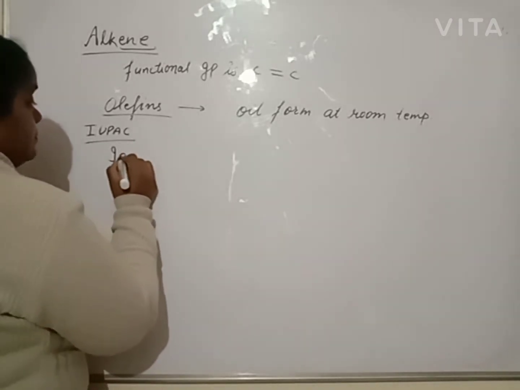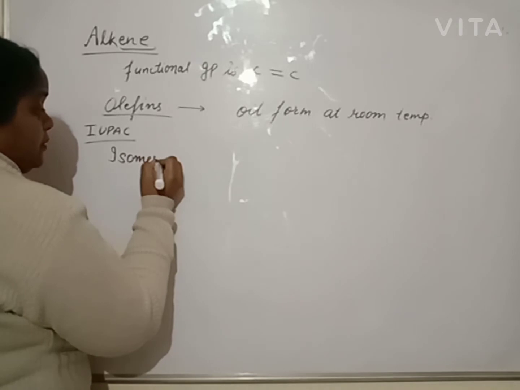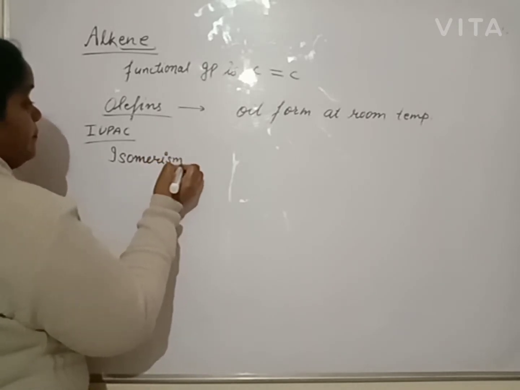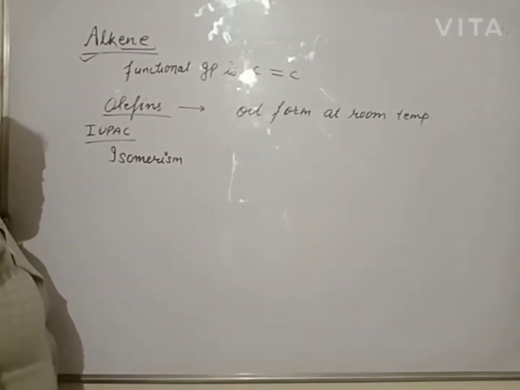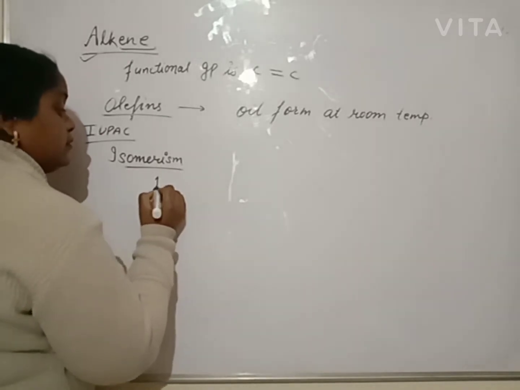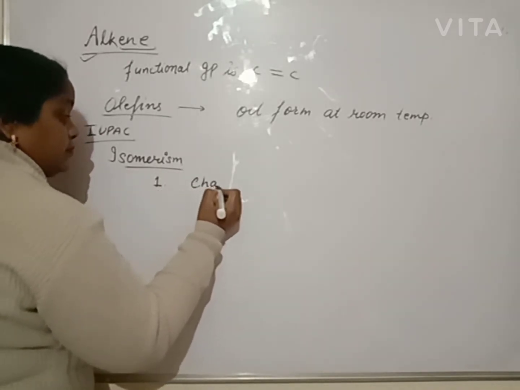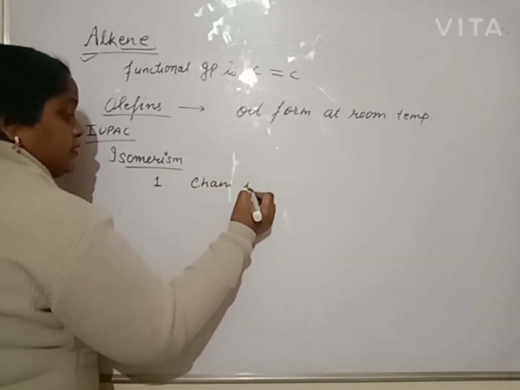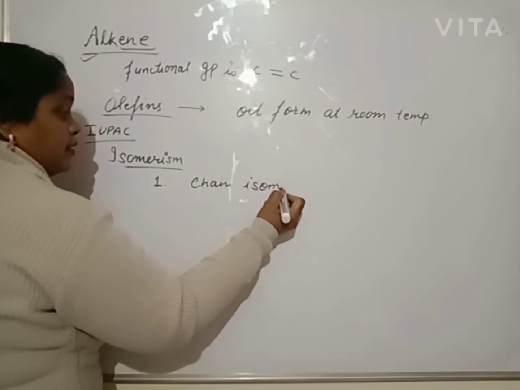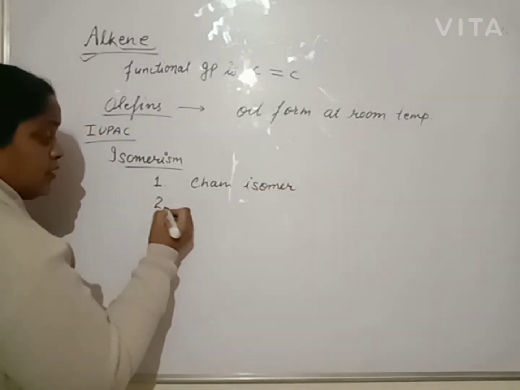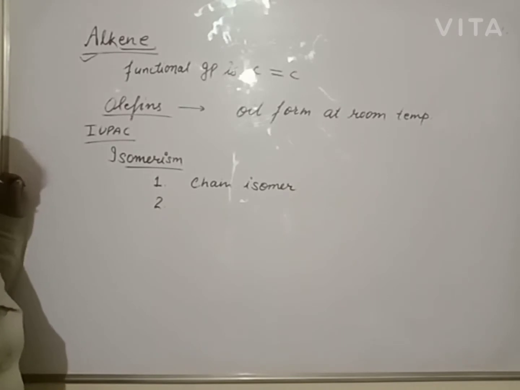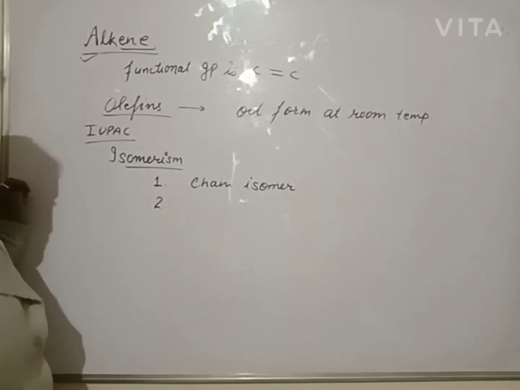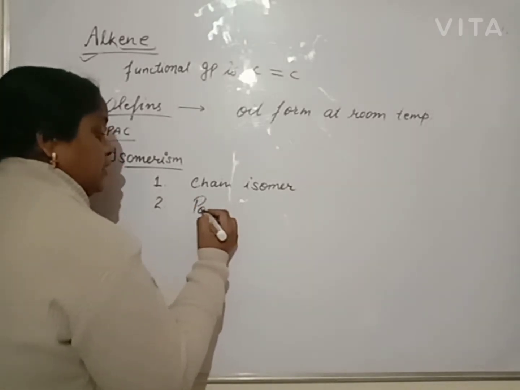Then isomerism. Which type of isomerism is shown by alkene? First one, chain isomerism. Then if we change the position of the double bond or substituent, it is position isomerism.